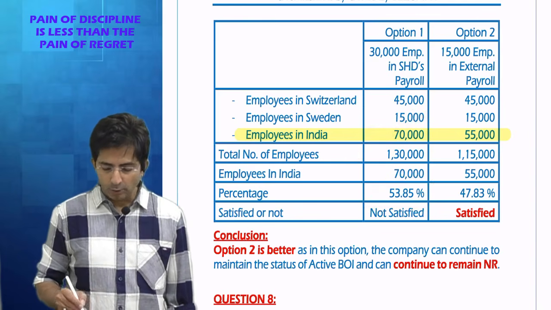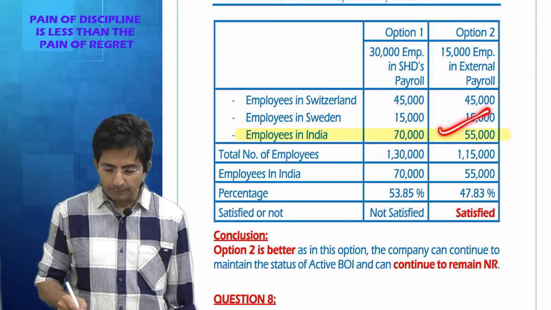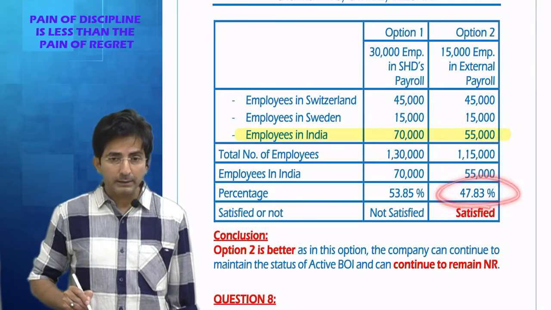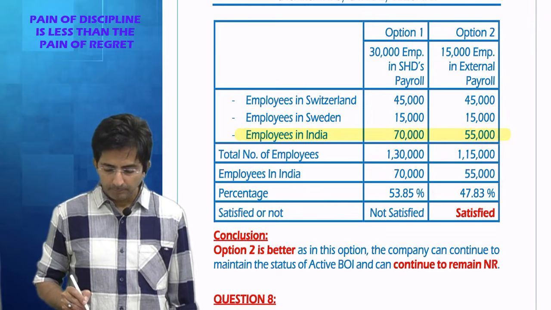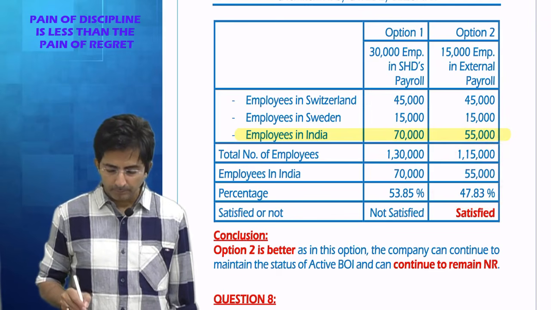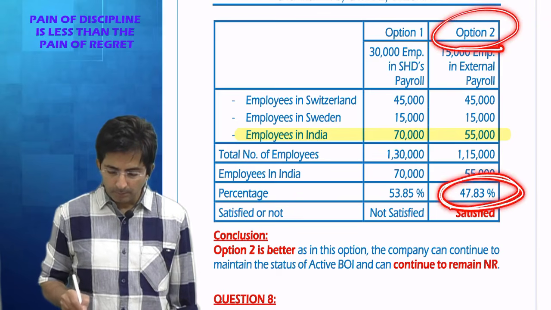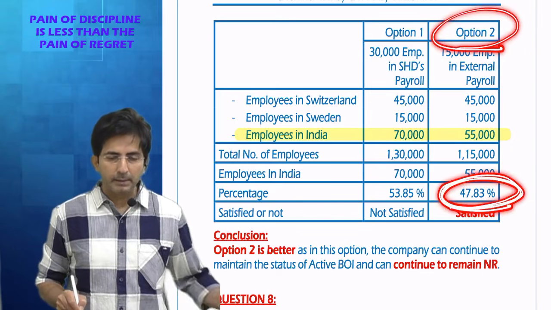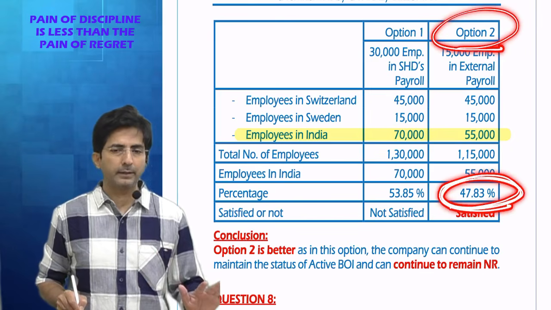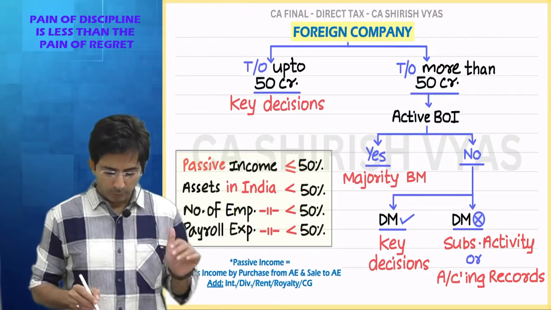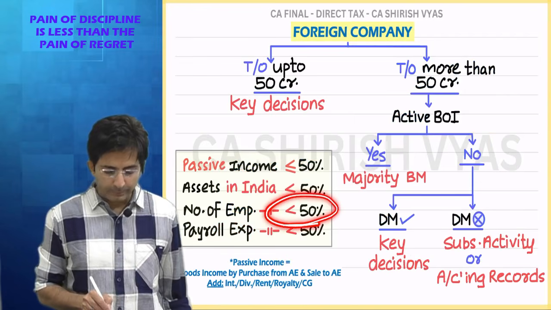And under the second option, the number of employees is 55, out of a total of 1,15,000, and the percentage is 47.83. So tell me, which option is better? Option 2 is better, because here your number of employees in India remains below 50. Tell me why I am happy below 50? Because below 50 means less than 50.